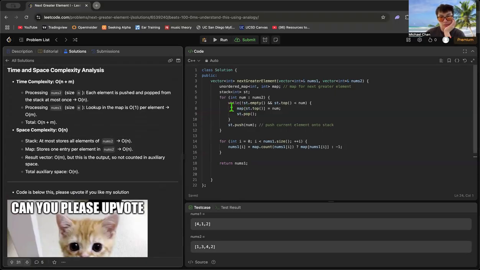Okay, I understand the intuition. While stack is not empty and the stack top is smaller than number, map of the top number.